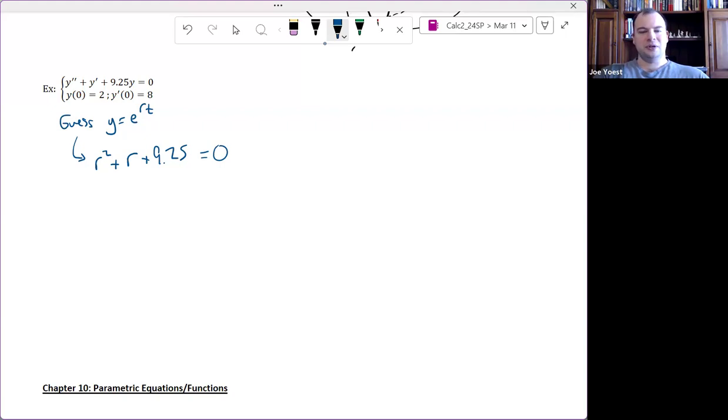And 9.25 is 37 over 4. So what is r then? It's negative b over 2a, negative 1/2, plus or minus some stuff over 2, square root of b squared, square root of 1 squared, minus 4 times a times c, 37 over 4.